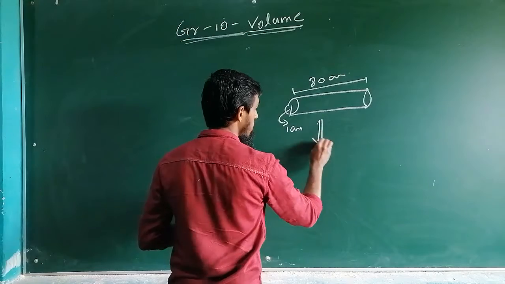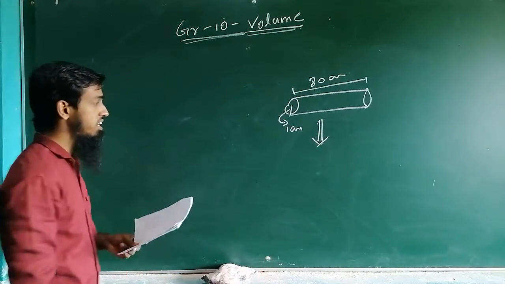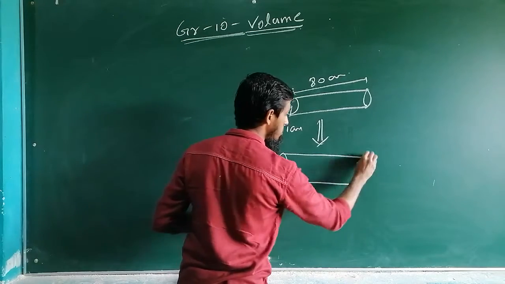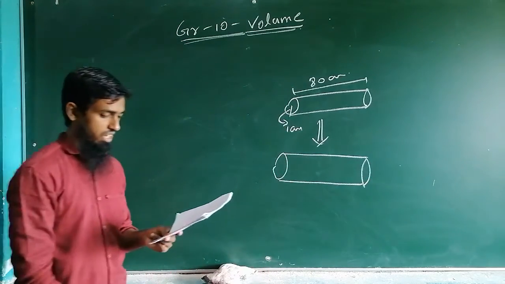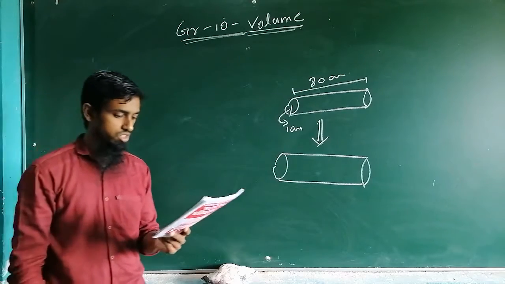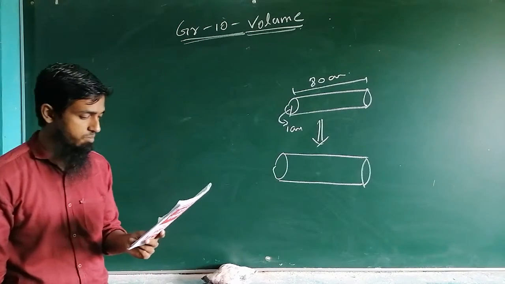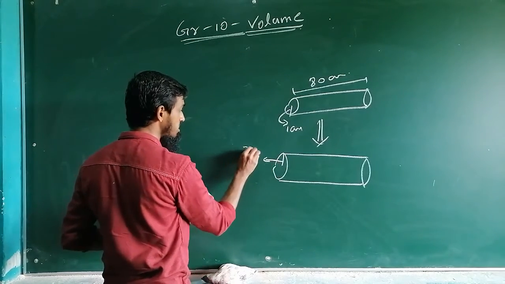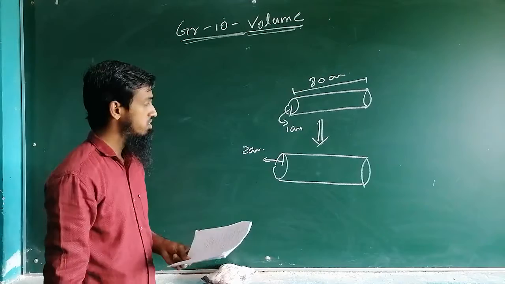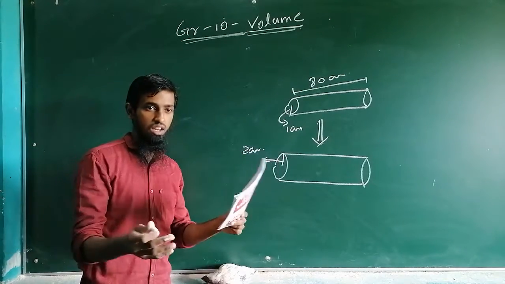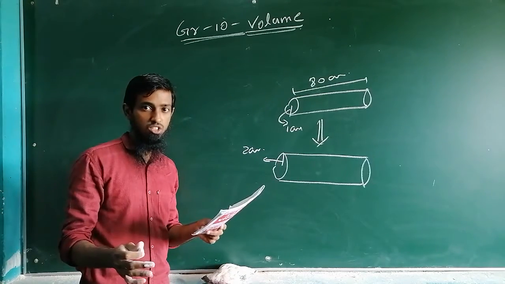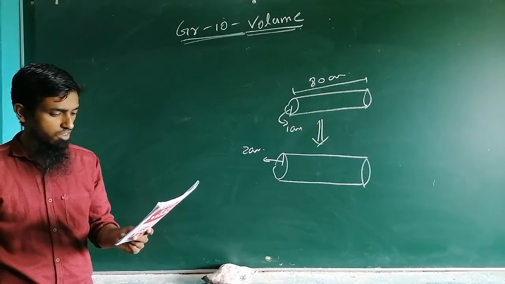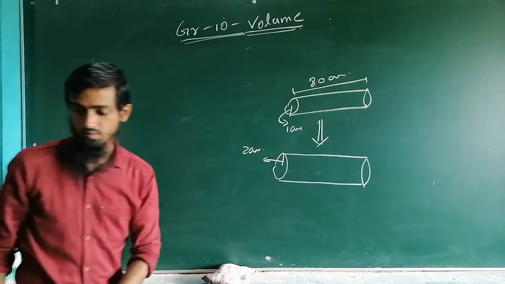So this iron rod is melted and another iron rod is made, a cylindrical iron rod with 2 centimeter radius. Now the radius is 2 centimeter. If you increase the radius, I think the length will be shorter than the previous length. Find the length of the iron rod.